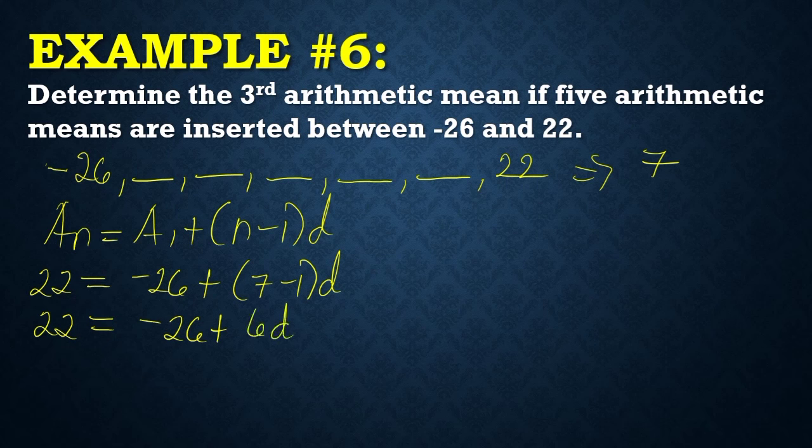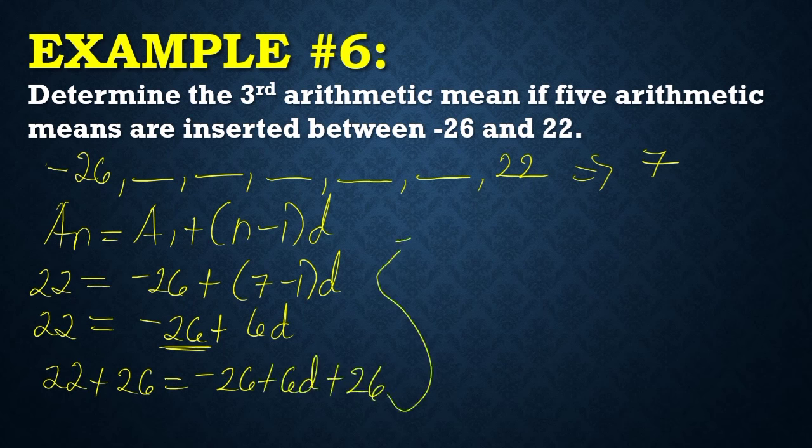Now, negative 26, kailangan nating tanggalin dito sa right side and then i-move sa left side natin. So, we add 26 to both sides. So, negative 26 plus 6d plus 26. So, again, rewrite natin 22 plus 26, that is 48, and then equals 6d. And then, dividing the whole equation by 6, our common difference is 48 divided by 6, 8.